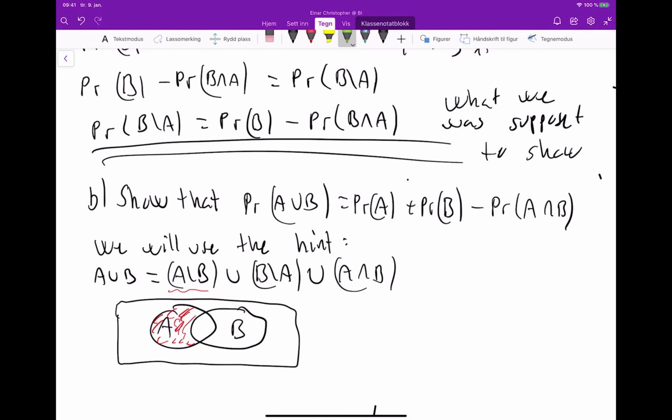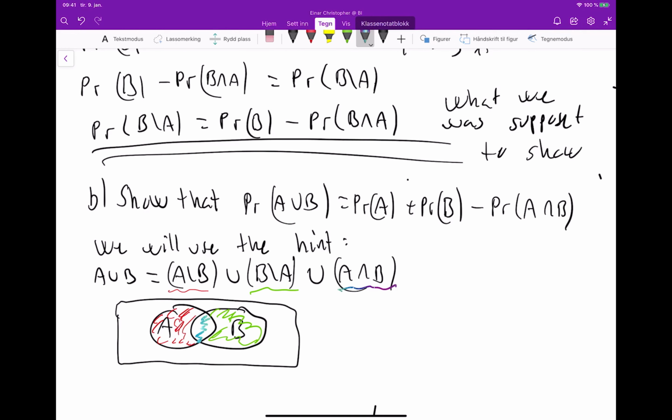What is the green one? That's B minus A. And B minus A is all in B which is not in A. So that's this one. This is the green. And then we have the last one. Let's make that a little colorful.